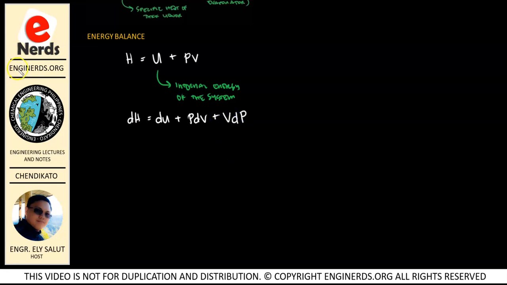Okay, now we have to take note that in many cases, in our evaporator, we are considering constant pressure. Okay, and at constant pressure, our dP will be equal to 0. Okay, so therefore, our dP here is 0, so this will be 0. So, ibig sabihin, ang maiiwan lang sa atin is dH is equal to dU plus PdV.